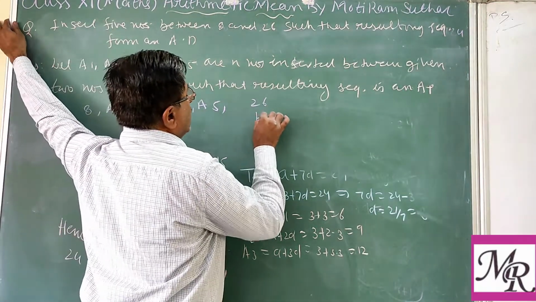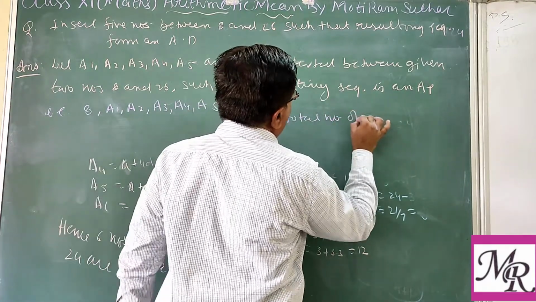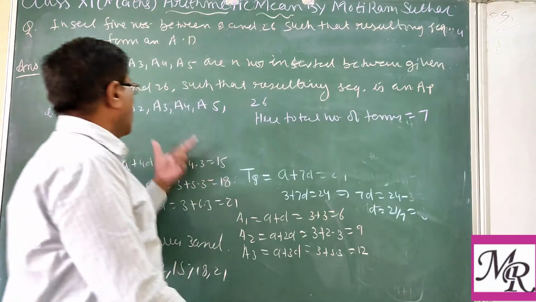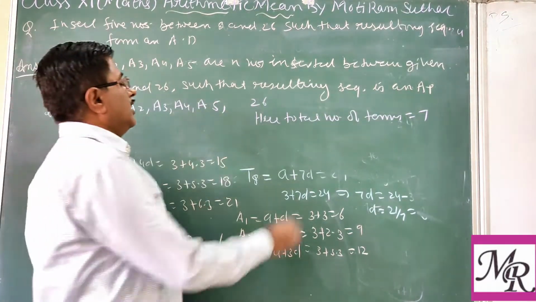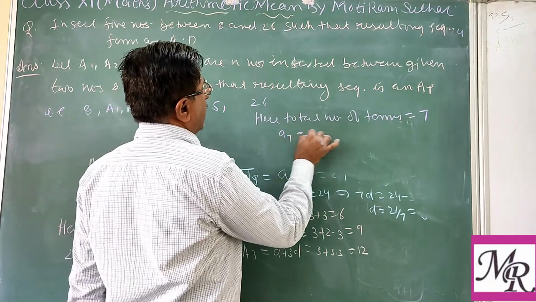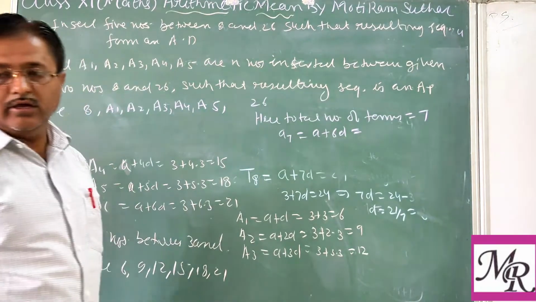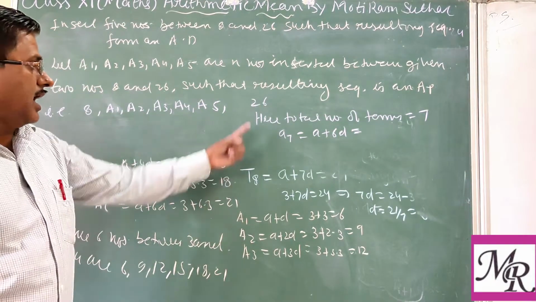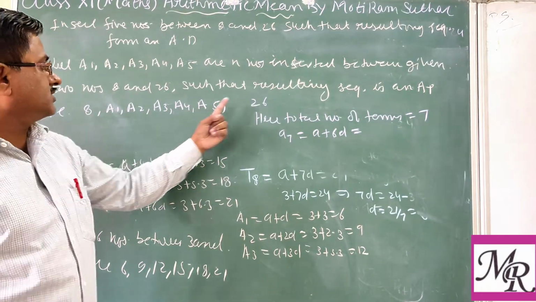So here again, the total number of terms is 7, because 5 we are inserting and 2 are already there. So the 7th term is given, using the formula A plus 6D, and the last term, that is the 7th. First, second, third, fourth, fifth, sixth, 7th.